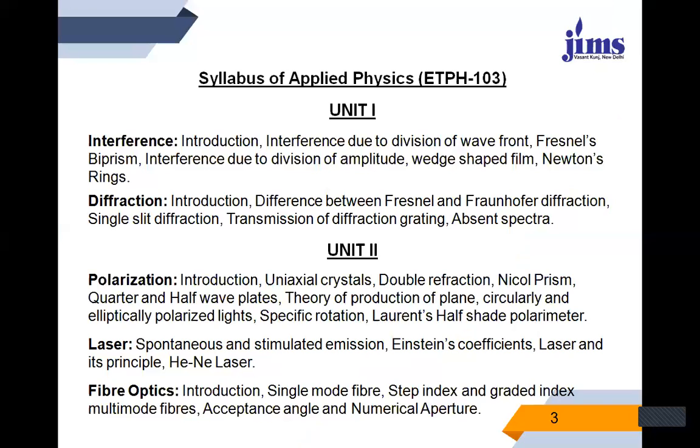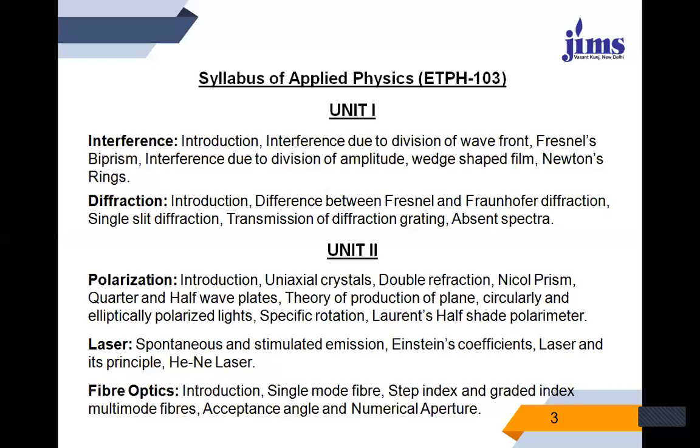Now I will discuss the syllabus of Applied Physics of Guru Gobind Singh Indraprastha University. The syllabus is divided into 4 units. Unit 1 is Interference, in which you have to study introduction, interference due to division of wavefront, Fresnel biprism, interference due to division of amplitude, wedge-shaped film, and Newton's rings.